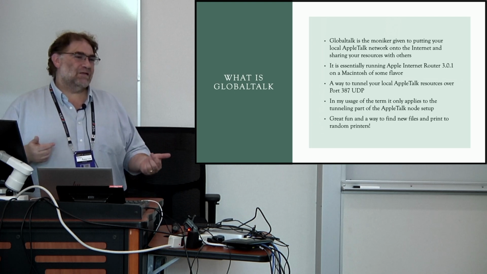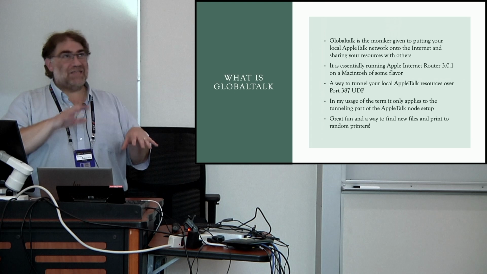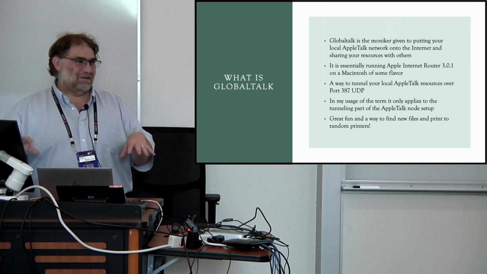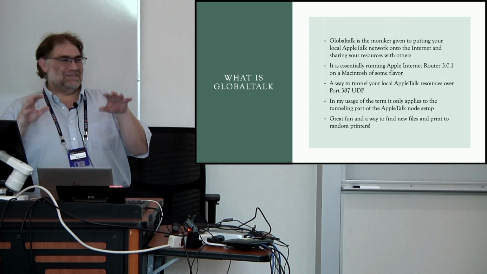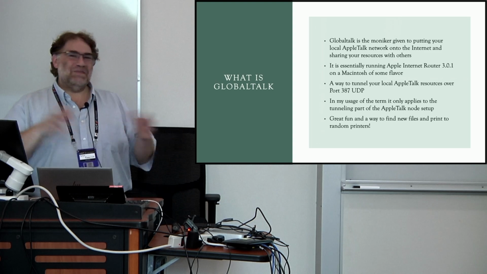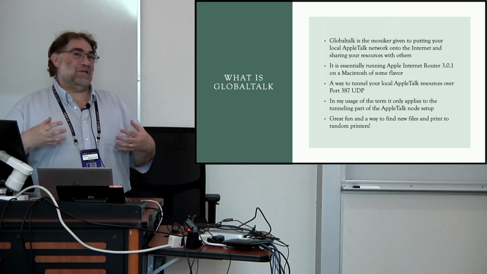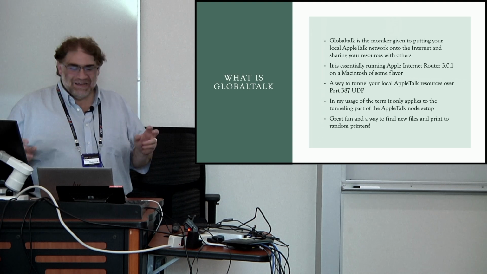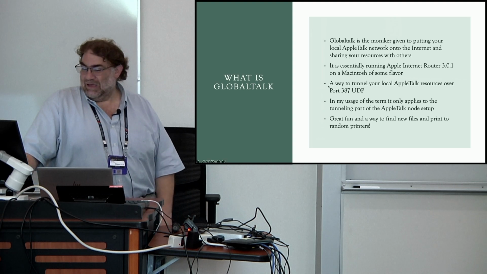The Shiva and the Intel boxes for the FastPath 4 and 5 did the same thing, but on a different port, and they did TCP instead of UDP. So nothing was ever really interop specified, so it was really hard to actually do anything.